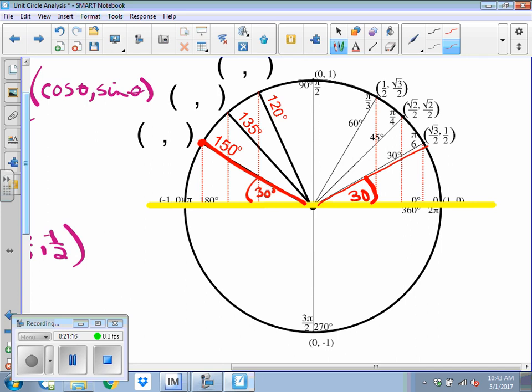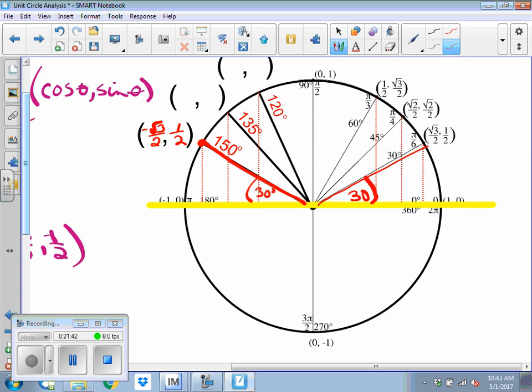So likewise, we found this to be negative square root of 3 over 2, comma 1/2, right? So if I asked you, what is the cosine of 150 degrees, it's the same thing as the cosine of 30 degrees. You understand? Because those coordinates tell you that cosine and sine.